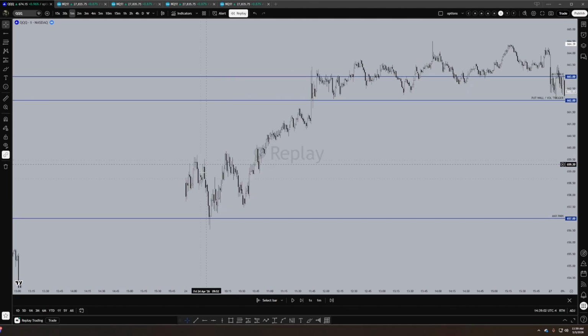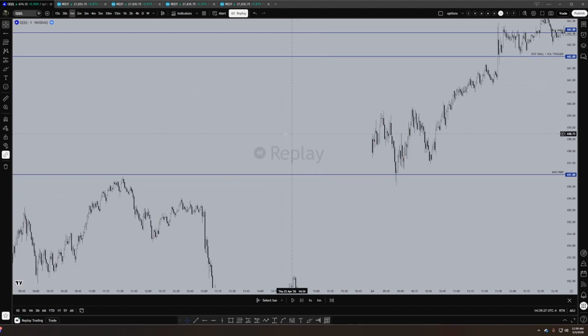And we know that as price is opening, it's near our max pain. All of our other dealer positioning levels are above us, right? So put wall, vol trigger, and call wall are all positioned in these low 660 areas. Now, after we see a reaction like this, we can likely anticipate we are going to see higher prices for the rest of the New York session.